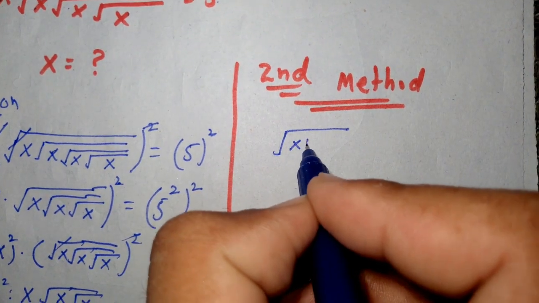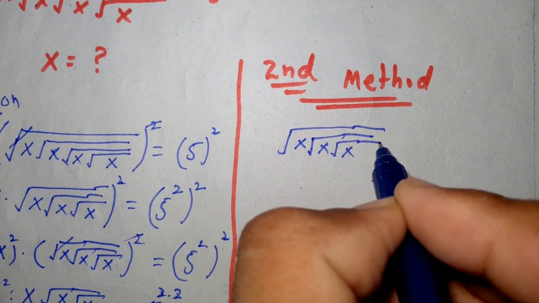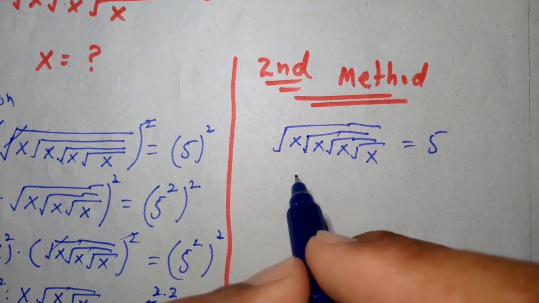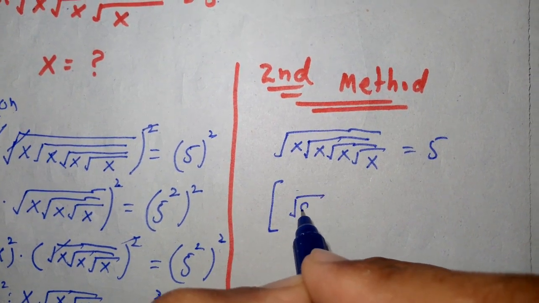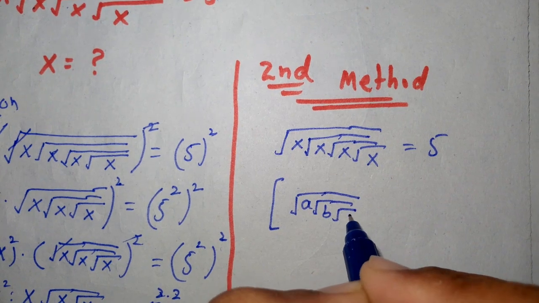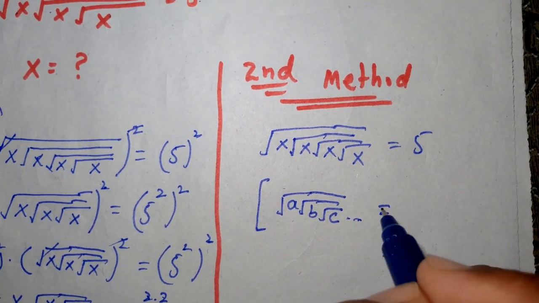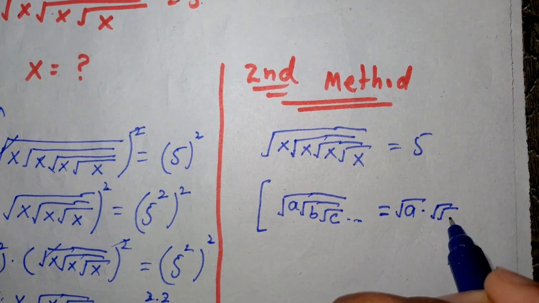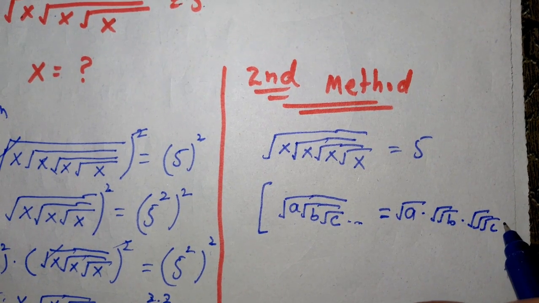Square root of x under square root of x under square root of x under square root of x is equal to 5. We know that square root of a under square root of b under square root of c can be written as square root of a times double square root of b times triple square root of c times and so on.